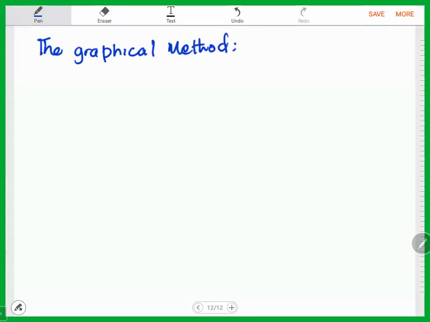With the graphical method, of course, we shall have 2 different equations, and we need to determine points to be plotted on a graph.